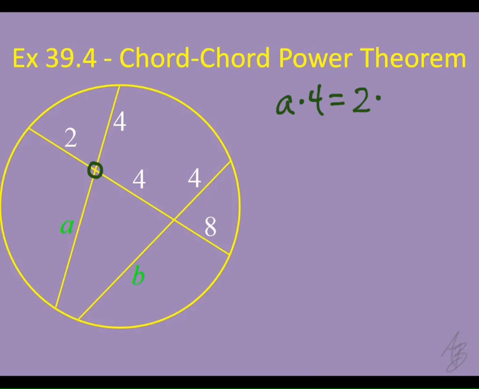Nope. When we split it up right here, this part is 2, right? What's this part here? It's not 4 times 8, it's 4 plus 8. So it's going to be 2 times 12. Divide both sides by 4 then, and you get A equals 6.